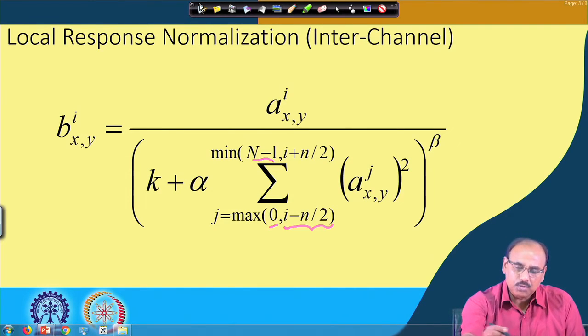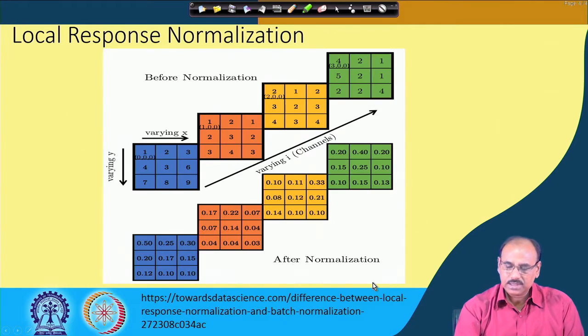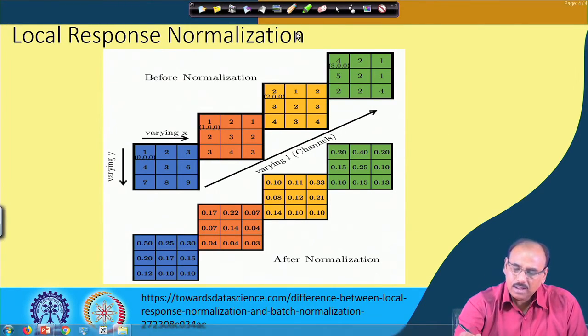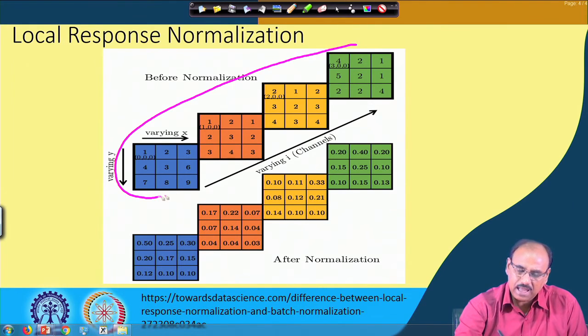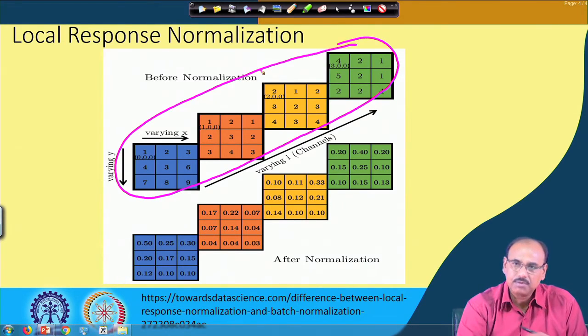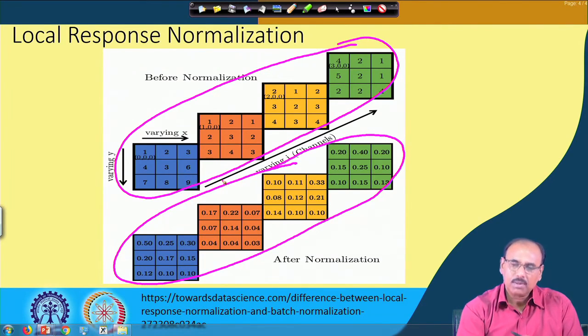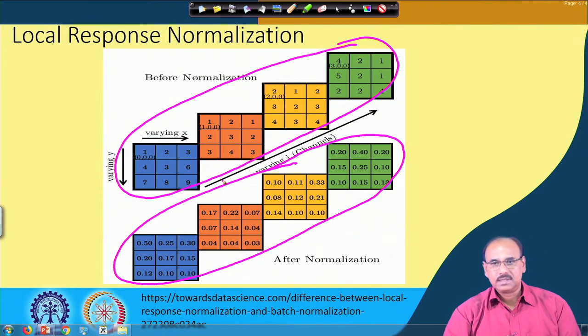The nature of output that you get using this local response normalization is something like this. Here, these are the feature values of different channels before normalization, and these are the feature values that you get after the normalization across the channels is carried out.